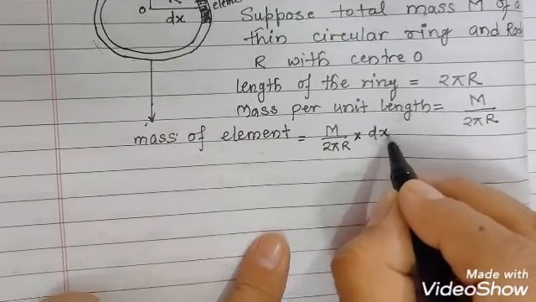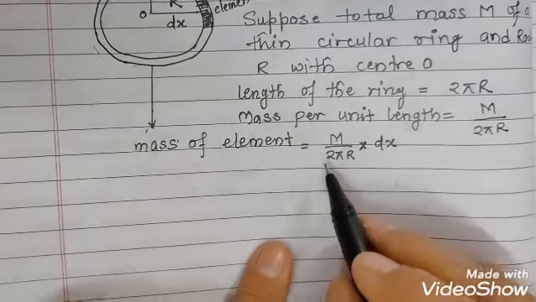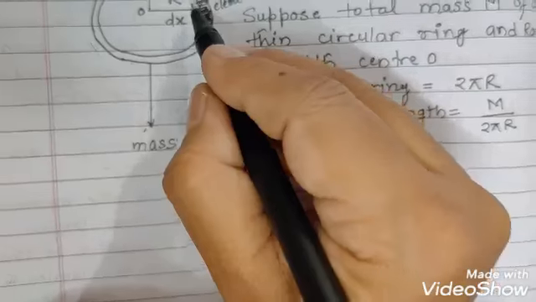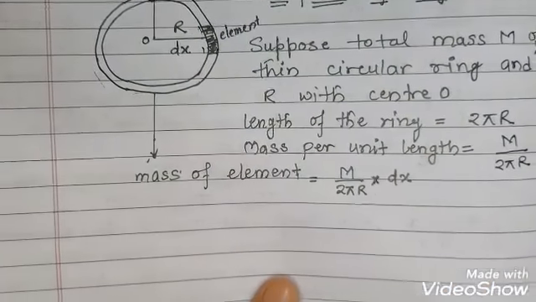So the mass of the element will be m upon 2 pi r multiplied with dx.